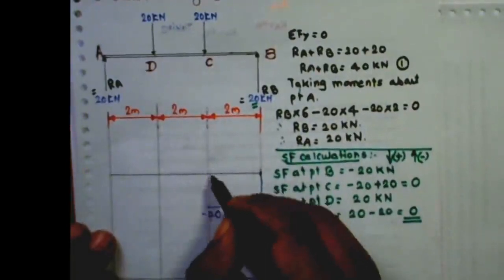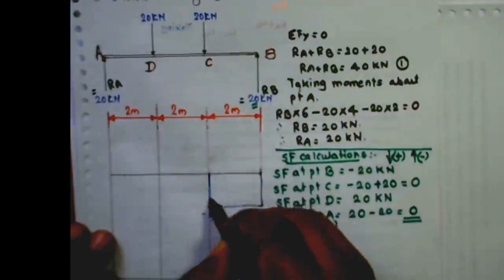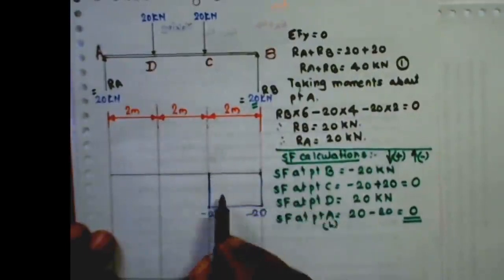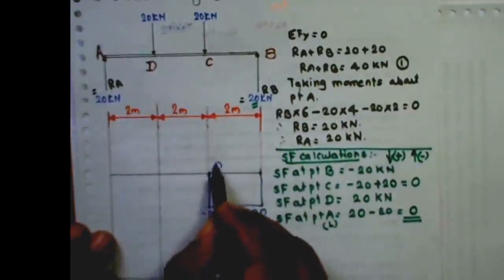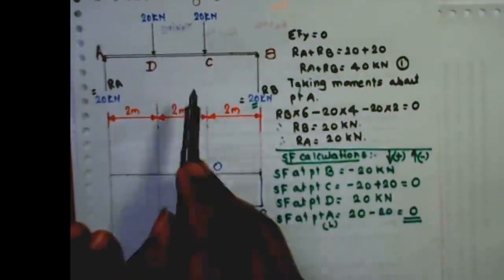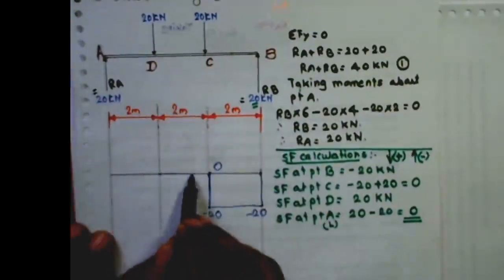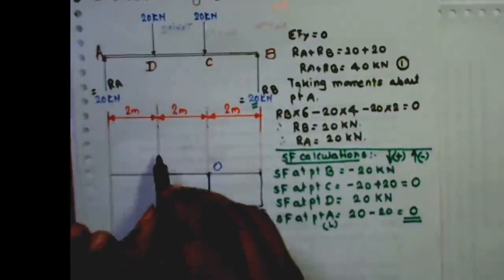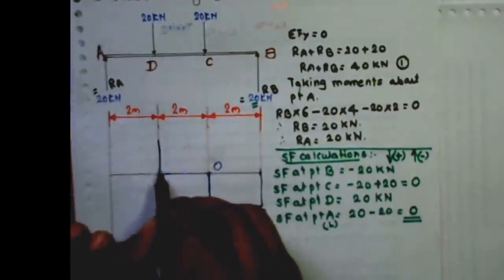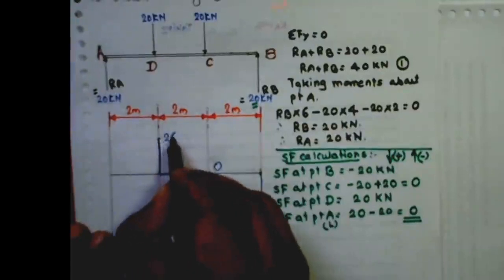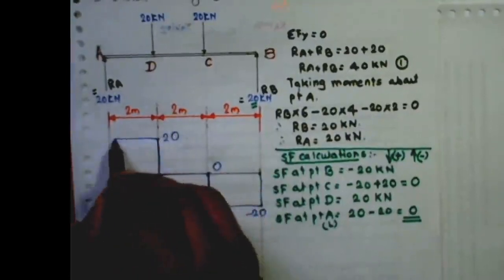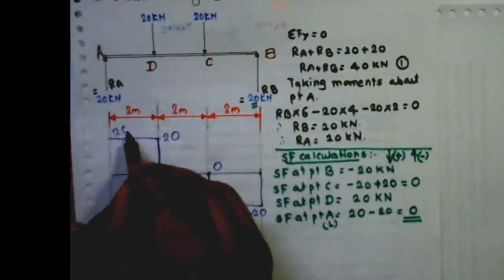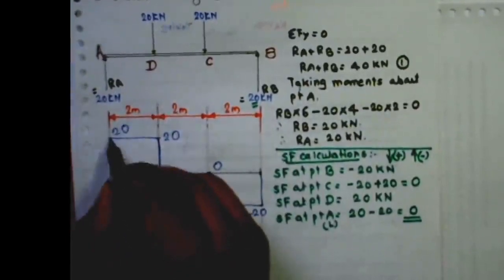At point C it is again 0. Between points C and D there is no load, so again a horizontal line. At point D it is added by 20, so this is 20, and again at point A it is 20, and you may say here 0.